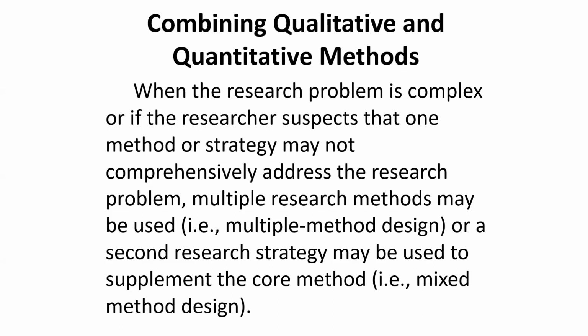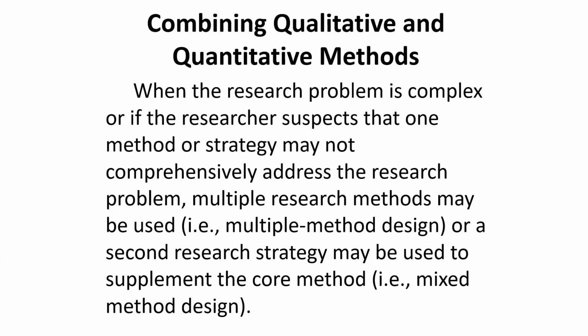Hence, some of you might be interested in combining both quantitative and qualitative methods in your research. When the research problem is complex, or if the researcher suspects that one method or strategy may not comprehensively address the research problem, multiple research methods may be used.